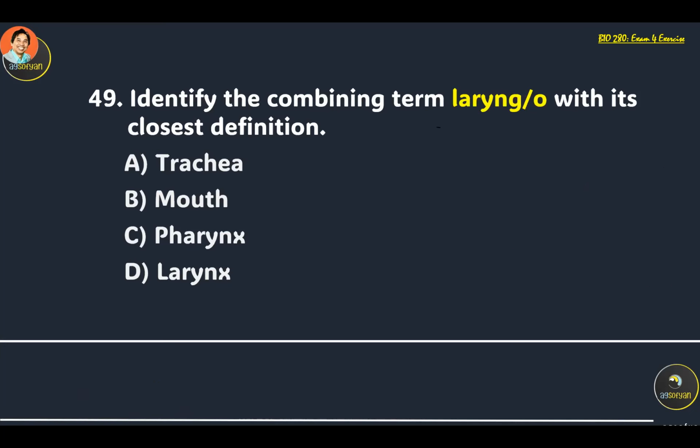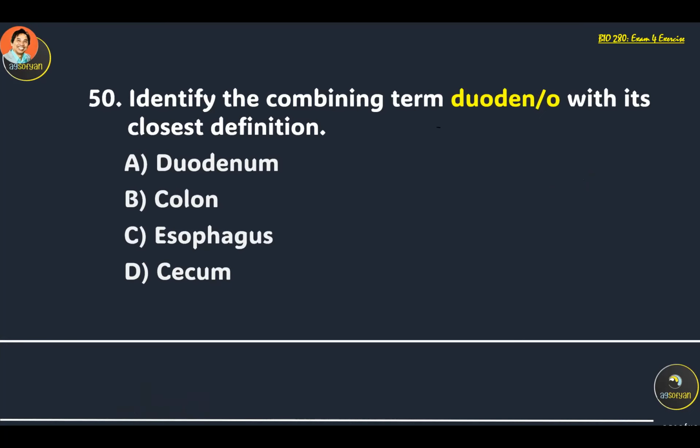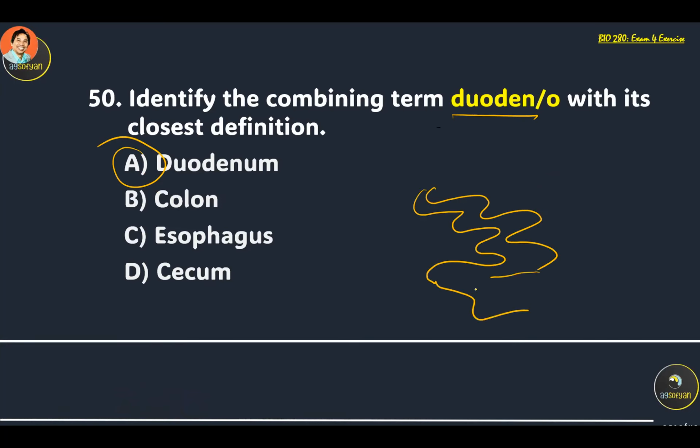And then for the combining term of laryngo. Laryngo, of course, this is easy. What laryngo means, larynx. And then duodeno, again, you have the easy question over here, duodenum. So if you see the small intestine, okay, it's divided into 3 parts.